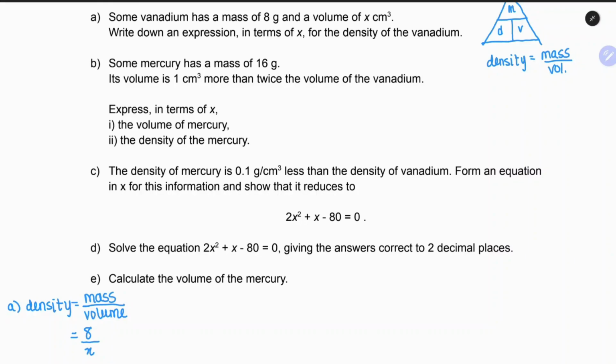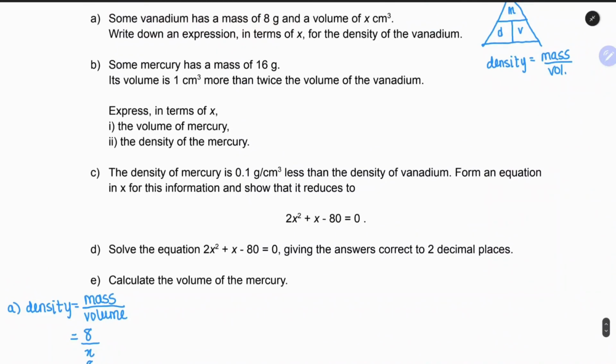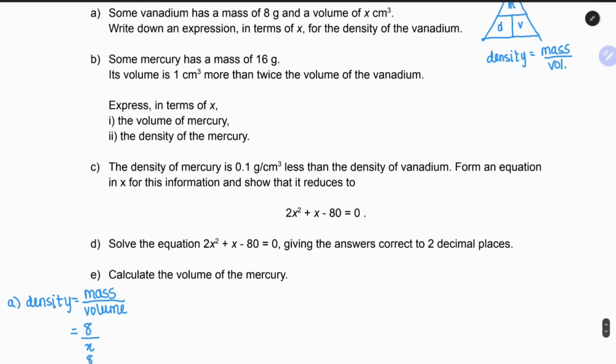So the density would be 8 divided by x. Let me rewrite it below, 8 divided by x. So that is the expression for the density of the vanadium.